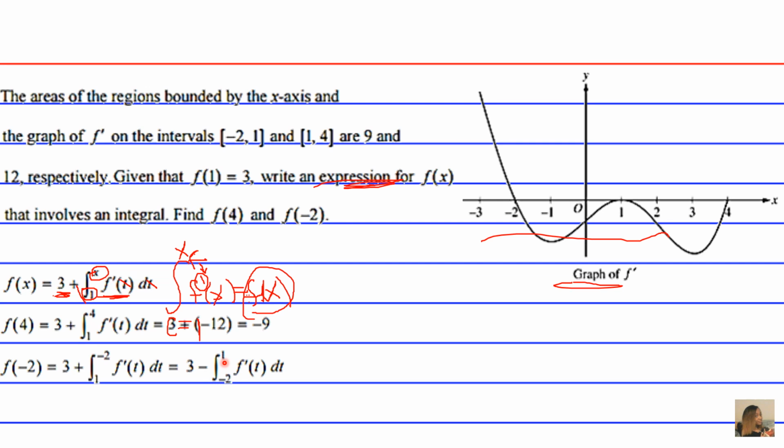So it's going to become 3 minus the integral from negative 2 to 1 of f prime of t dt, which, again, this t should be an x, because I'm thinking that we're differentiating with respect to time. Time is usually along the x-axis, but there's no time in this particular question. All right, so now we could just go ahead and plug in our answers.